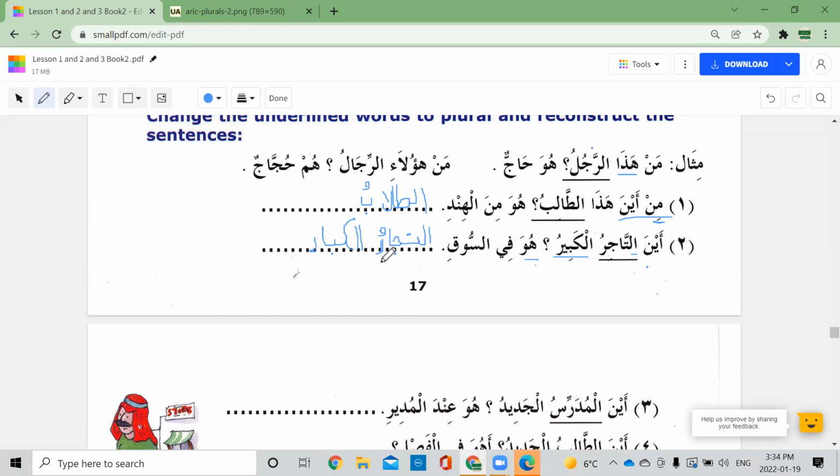So al-kabiru will become al-kibaru. Aina at-tujjaru al-kibaru. Okay.